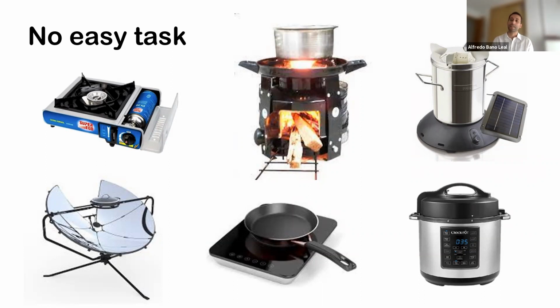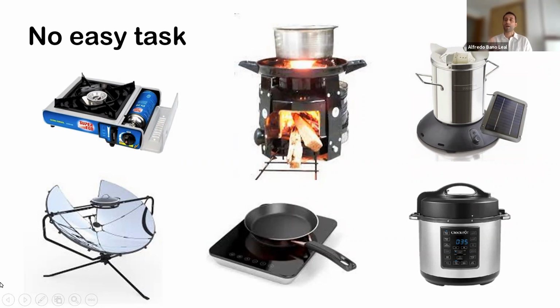We can have parabolic mirrors that concentrate heat from the sun. We can have hybrid models like this one from Philips on the top right of the picture, and the traditional biomass stoves that can be improved and become more efficient, but still burning firewood or charcoal.